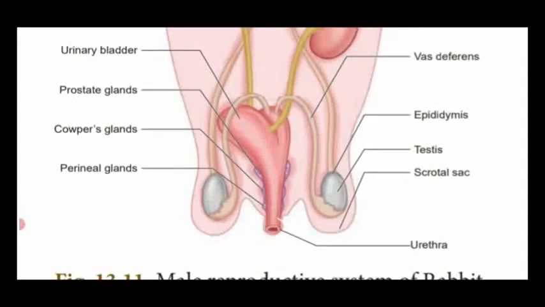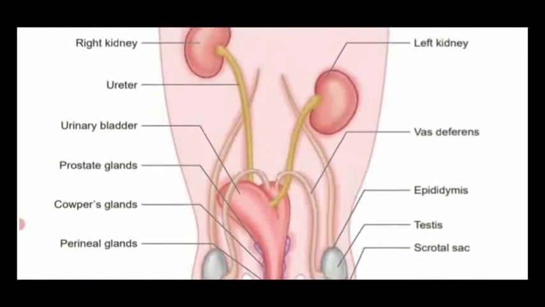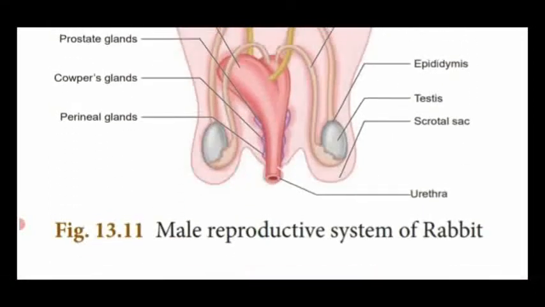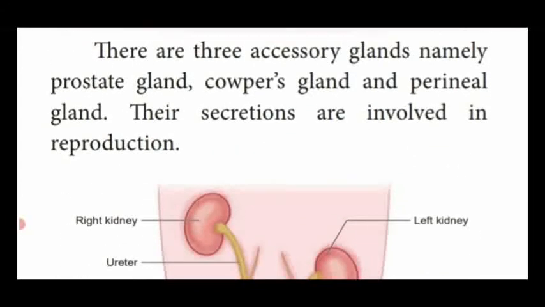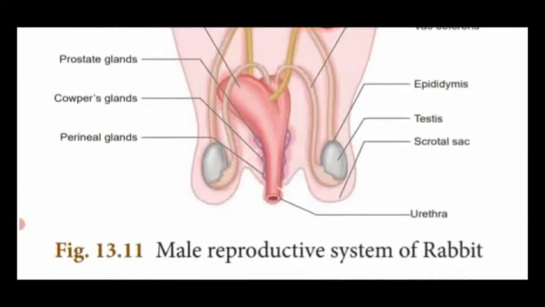Then the urethra runs backward and passes into the penis, which is located on the ventral side of the body. It consists of three glands: prostate, Cowper's, and perineal gland. They secrete certain secretions responsible for reproduction. Dear students, I hope you have all understood the male reproductive system of rabbit.